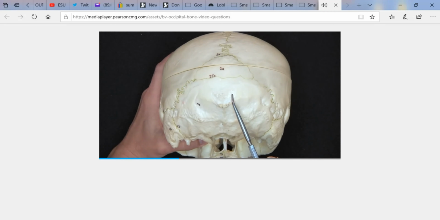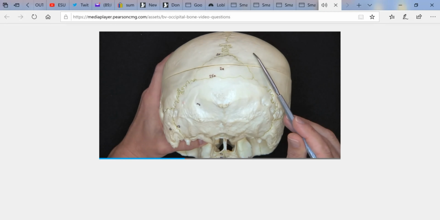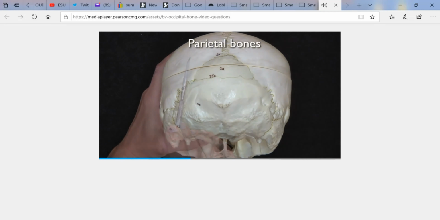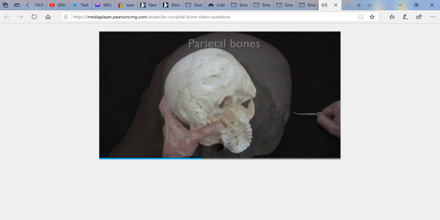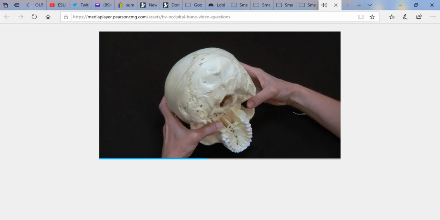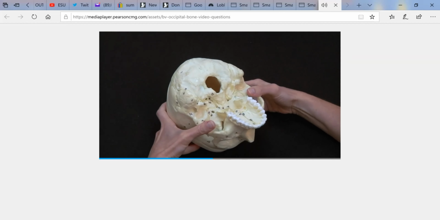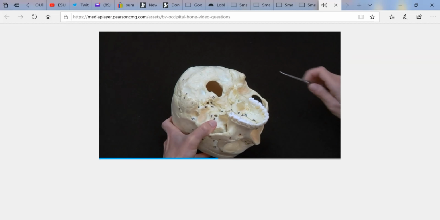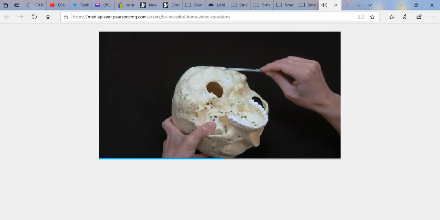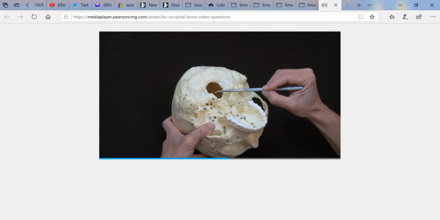The lambdoid suture is where the occipital bone fuses with the parietal bones. The occipital bone curves around and forms this inferior area of the skull too. It contains the foramen magnum, which is where the spinal cord exits.